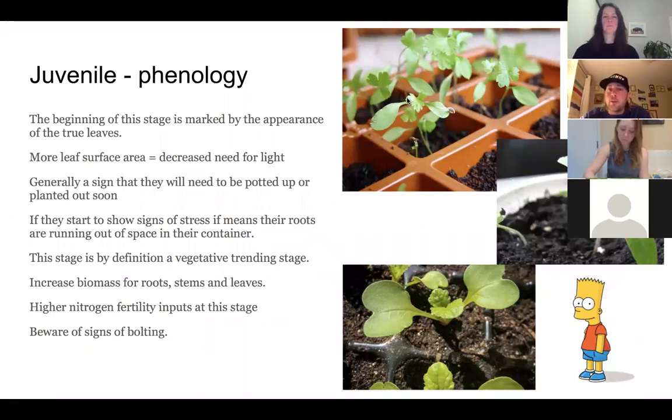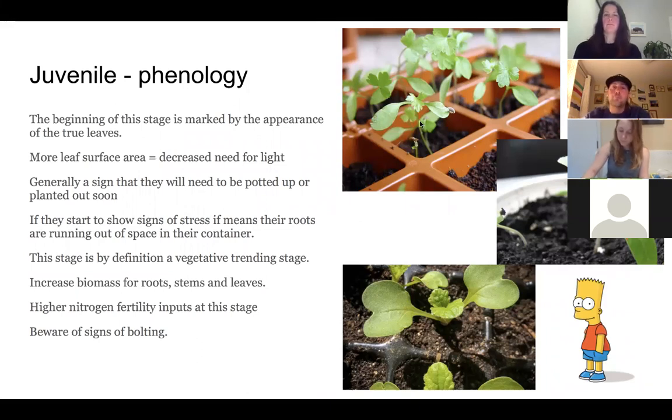The other thing about seeing these true leaves, which is important, is it's generally a sign that it's time to move them up into either a bigger container, which is called potting up, or to plant them out into the garden.